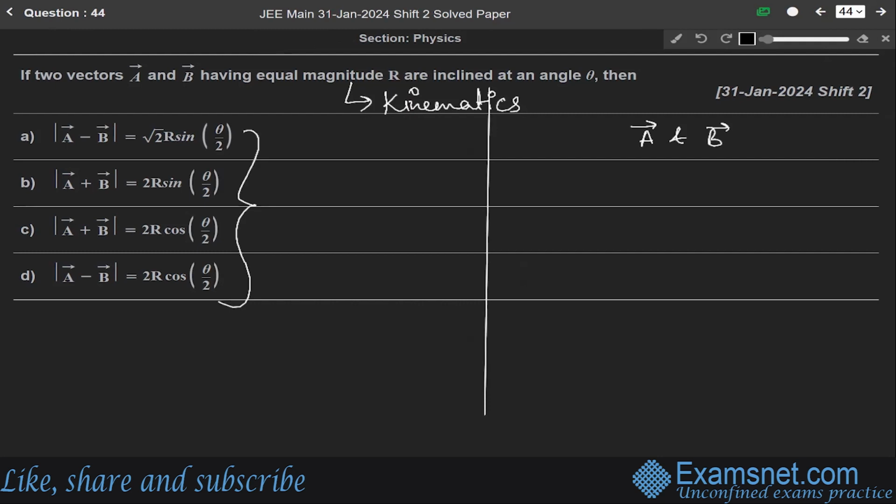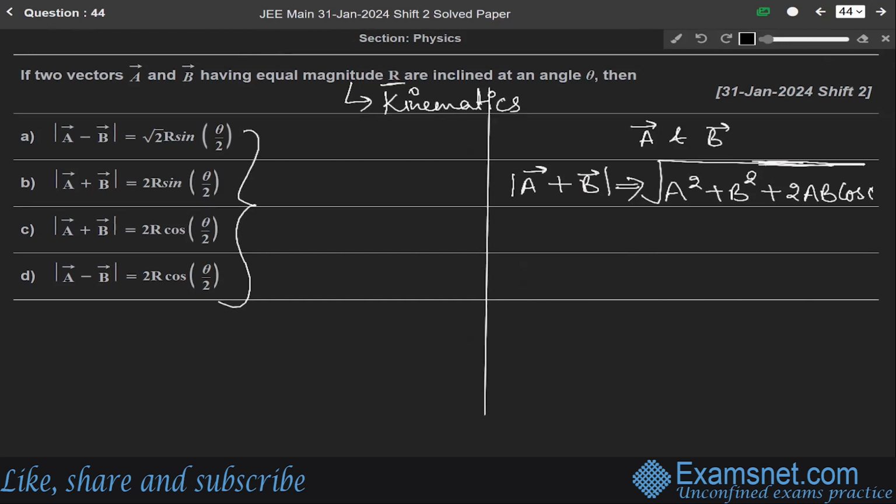If we use the addition of the vectors, A vector plus B vector, the formula will be under root of A square plus B square plus 2AB cos theta.